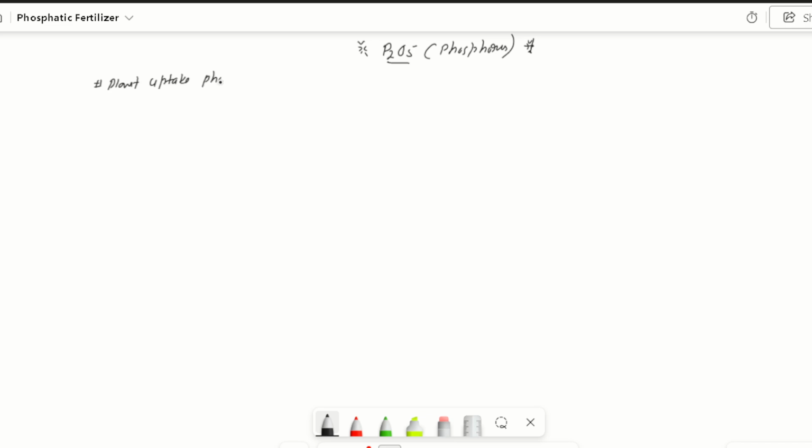Plant phosphorus into P2O5 form, okay, which is pentoxide form, okay.